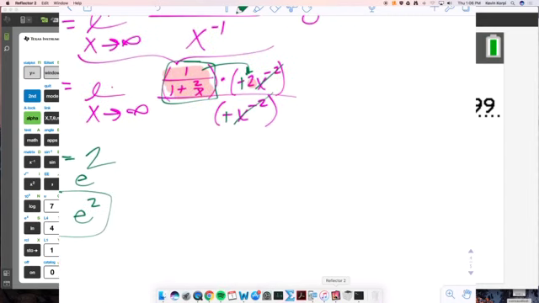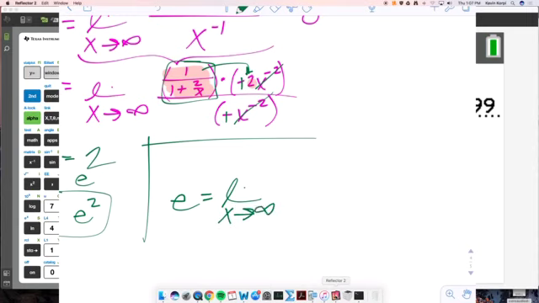Okay? So here's what I want to summarize with, because e is a very important number, and it'll be more important when we get to sequences and series. E is defined to be the limit as x goes to infinity of 1 plus 1 over x to the x power. That's the definition of e.